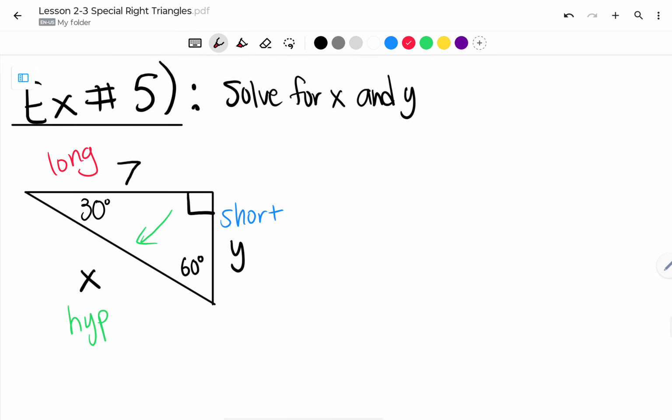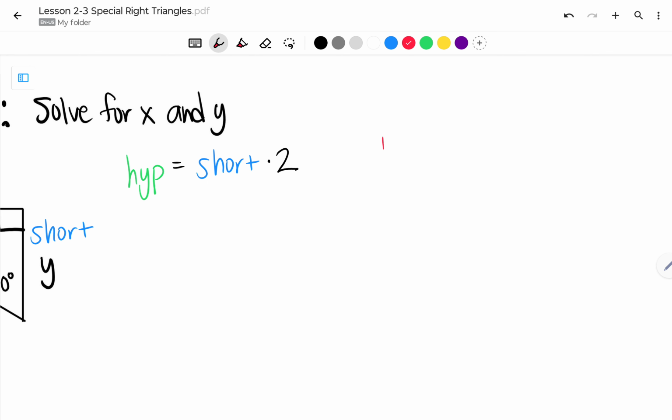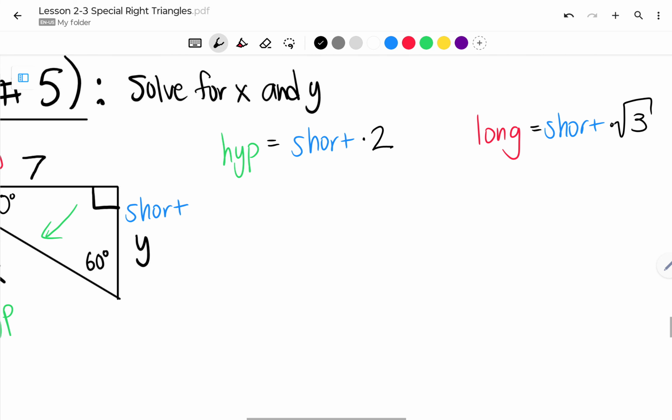I'm going to jump into my formulas here. Equals short. I want you to get to the point where you don't even have to rewrite the formula anymore, right? You could just go ahead and plug it in, because this is so time consuming. Well, for me, I'm doing this a bajillion times. Okay.